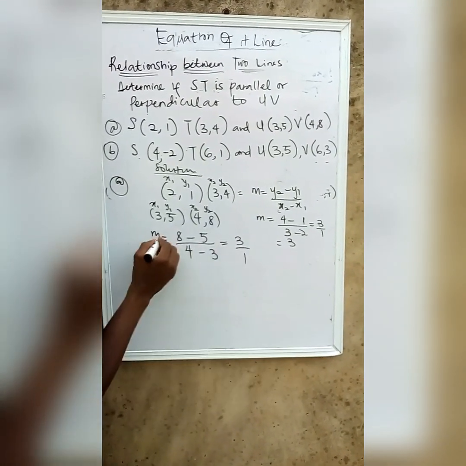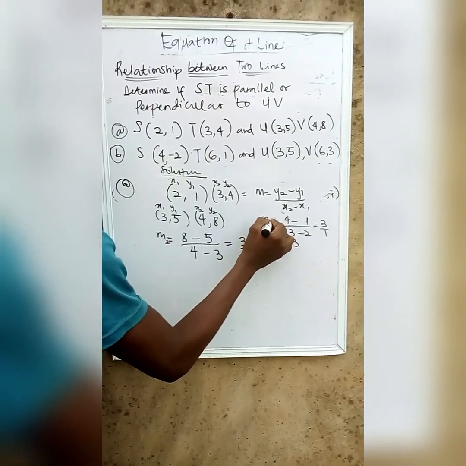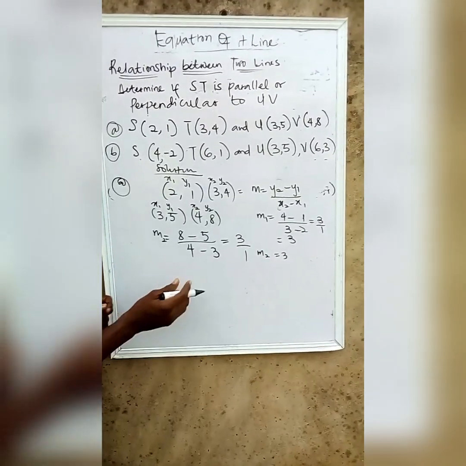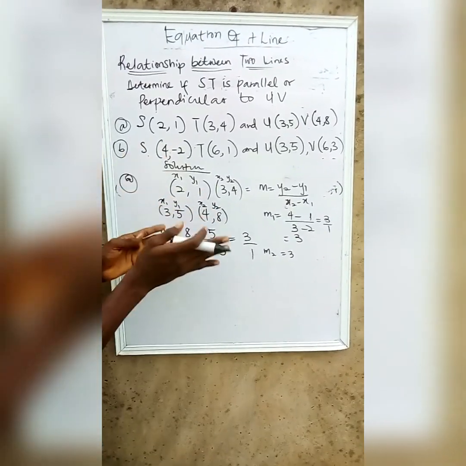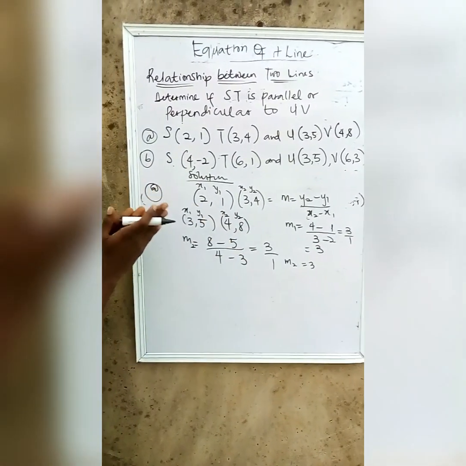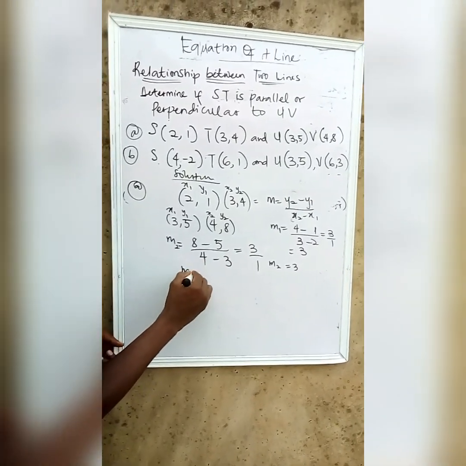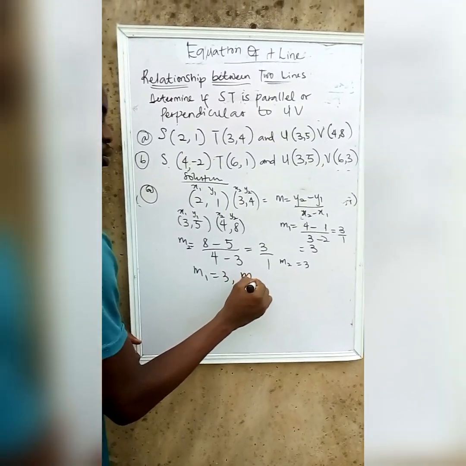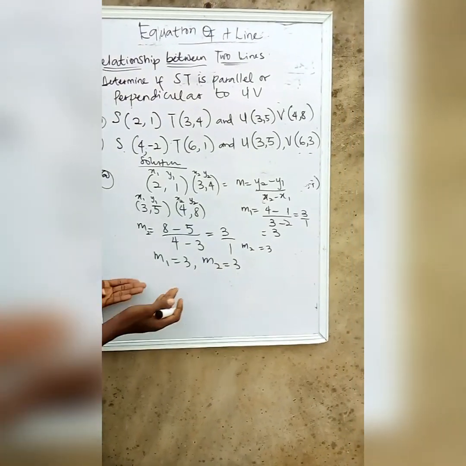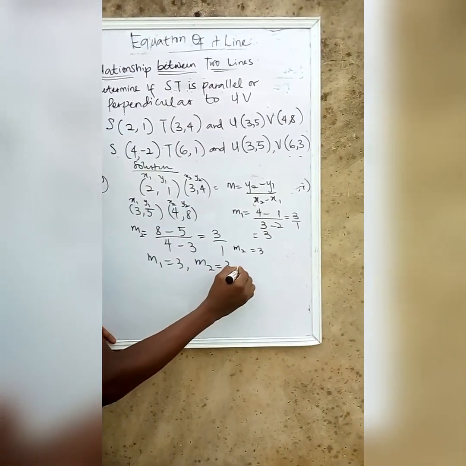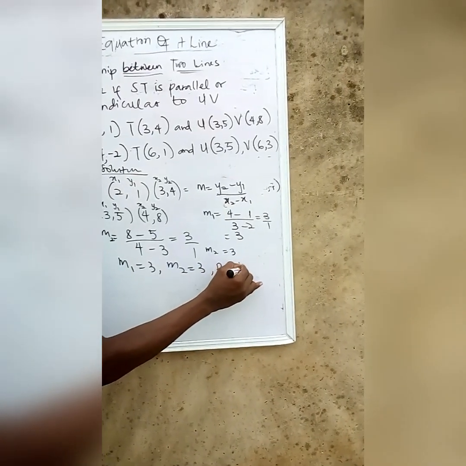So label this one m2, label this one m1. So our m2 is equal to what? 3. Now, don't forget, we said there are two relationships. When they are parallel, it's the same. When they are perpendicular, their product is minus 1. So your m1 is 3, your m2 is 3. So that means they are the same. So therefore, line ST in this situation is parallel to line UV.